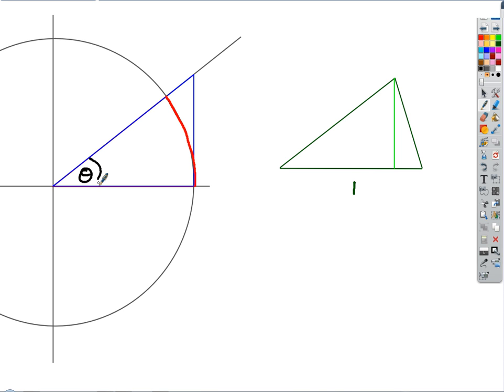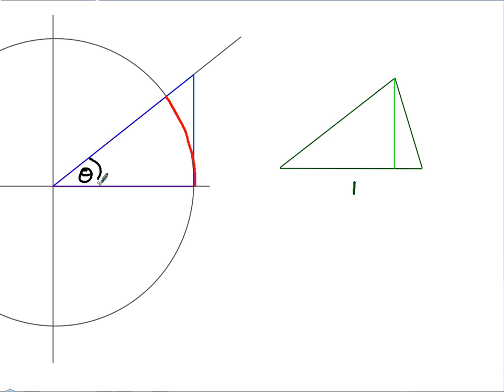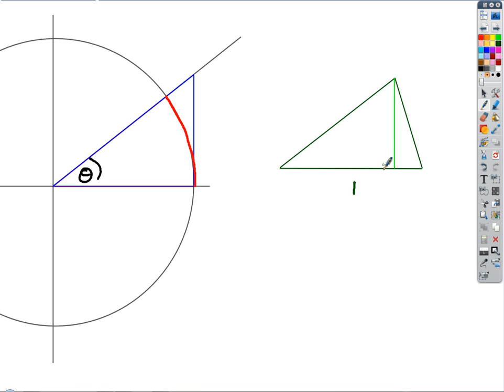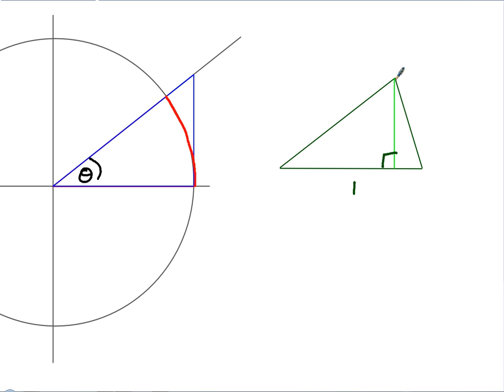So if that's theta and this is 1 and this is a right triangle, then what's the height of that thing? Sine theta, right? We want the hypotenuse to be 1, right? And the height of this guy, this is also 1, isn't it?